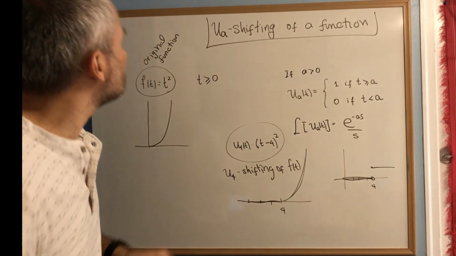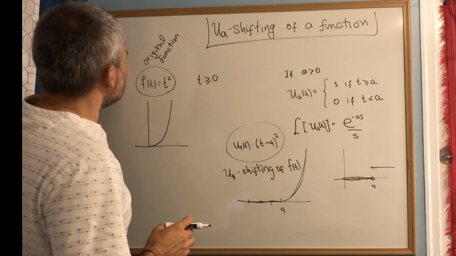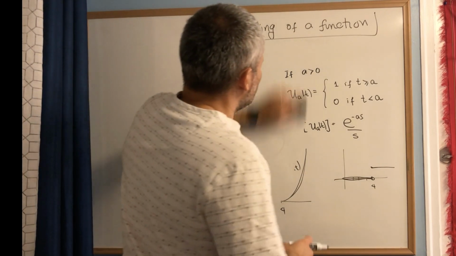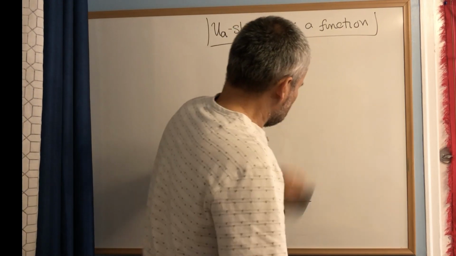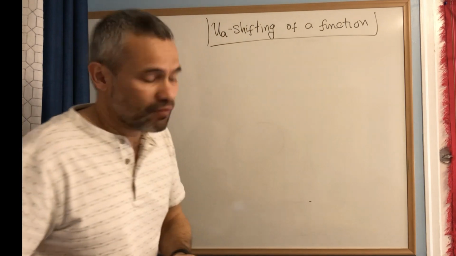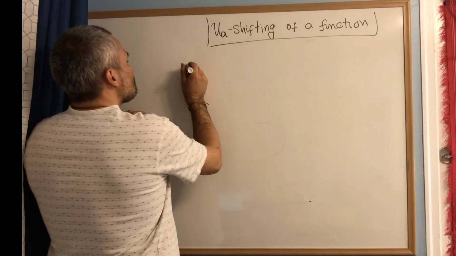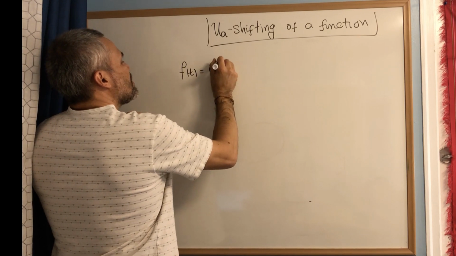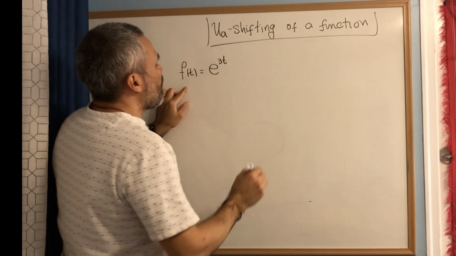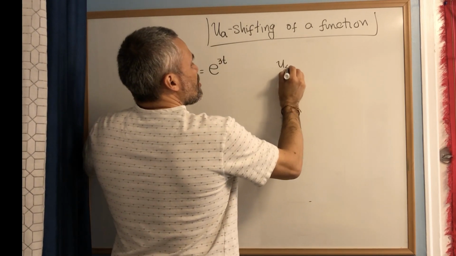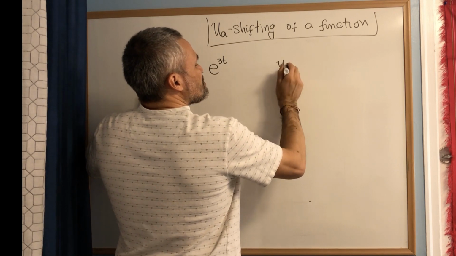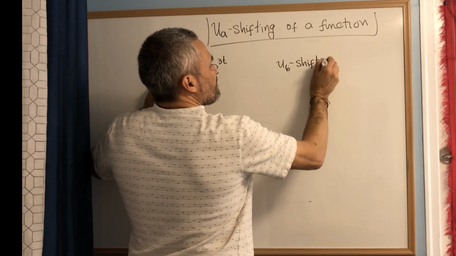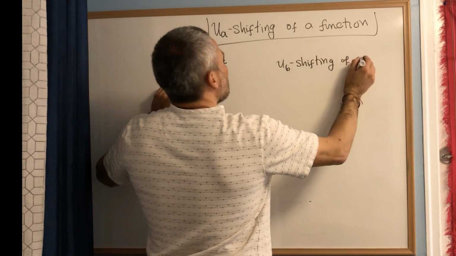Let's do some examples. If we have the function f of t equal to e to the 3t, what would be the u6 shifting of f of t?